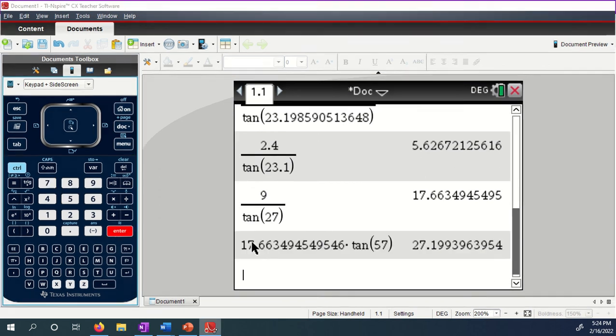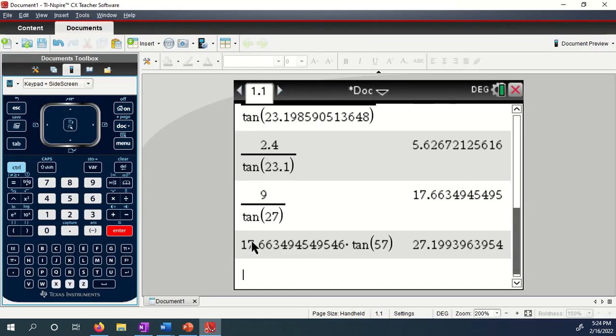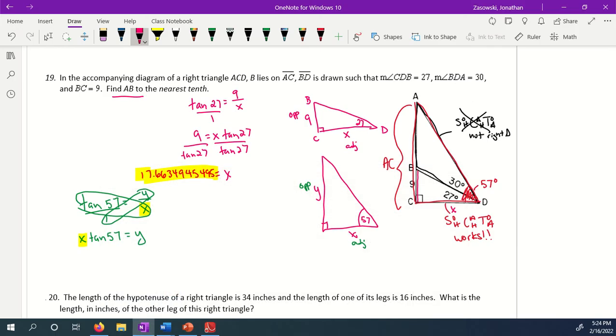All right, and it says round to the nearest tenth. So that's 27.2. And that would be the length of AC.